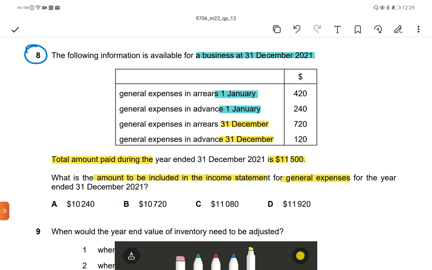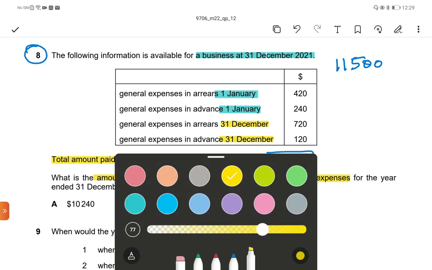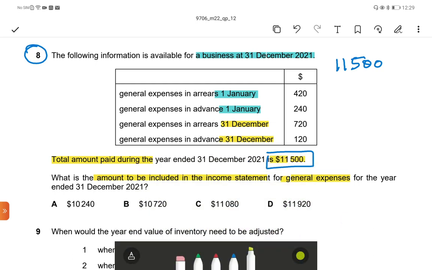So they are asking what amount will be included in the income statement. In the income statement, only the current year amount we show. So the actual amount they paid is 11,500. Now they are given general expense in arrears, which means accrued.